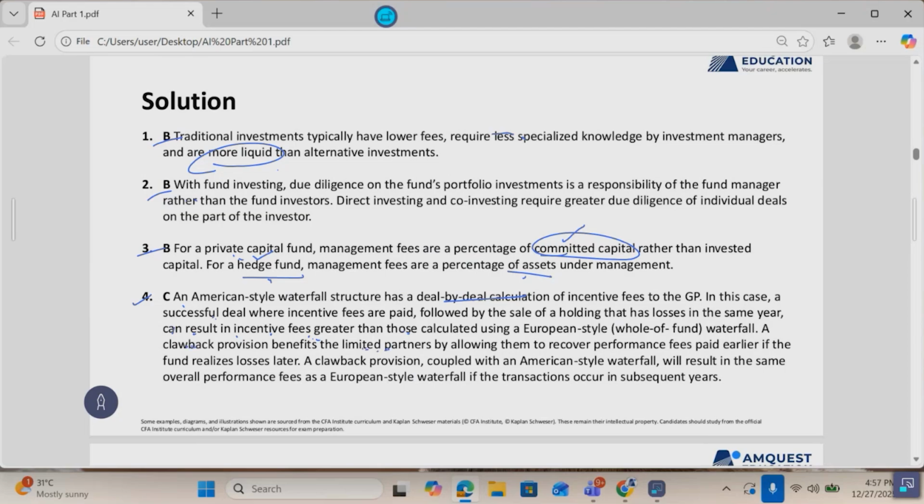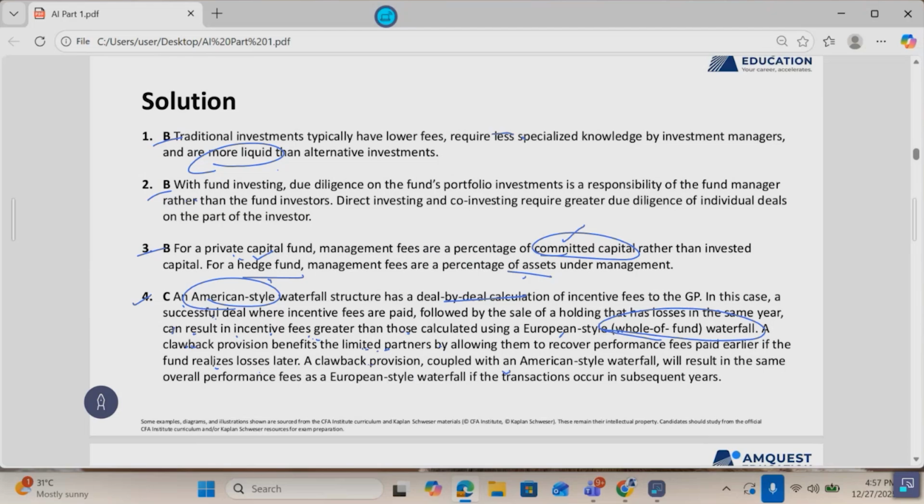In the European style, we are recovering fees based on a whole of fund. So it is more advantageous to recover fees using whole of fund, which is European style, rather than paying back and then recovering on a deal by deal basis. So American style is good for the person managing. He's making more money, but the investor is affected.